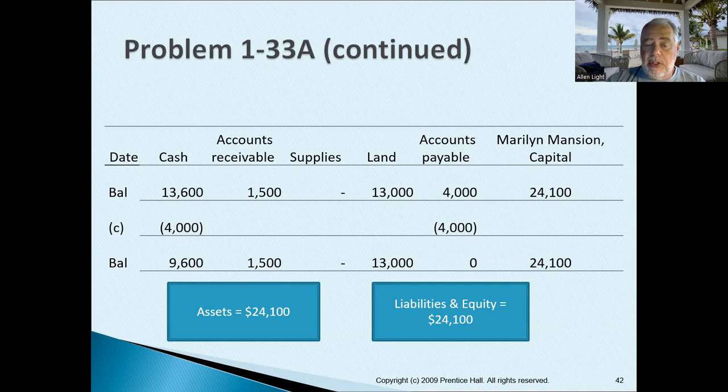I paid it. So now I subtract 4,000. My balance is now 0. So now if I add up all my assets, it's 24,100. And liabilities plus capital, also 24,100 because there's 0 there. So my accounting equation still balances.